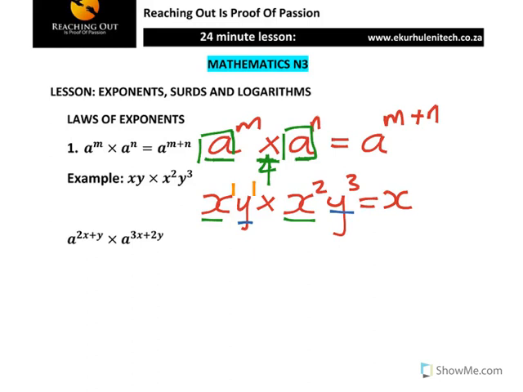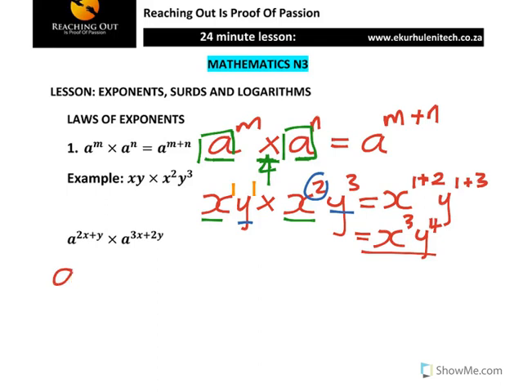So for the base x, you have 1 plus the other one, there is a 2 there. So it's 1 plus 2, and then you write y. Again, y is 1 plus 3. Then the final answer will be x to the power 3, y to the power of 4. That becomes the final answer.